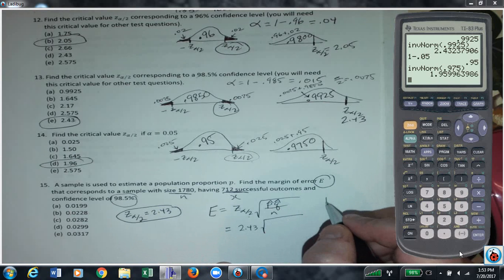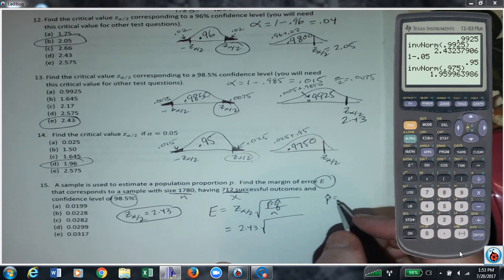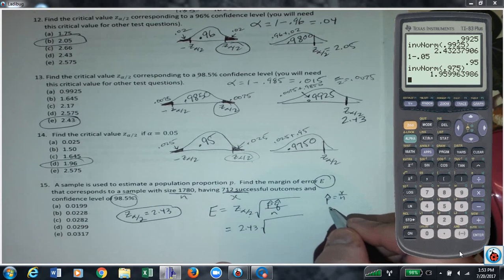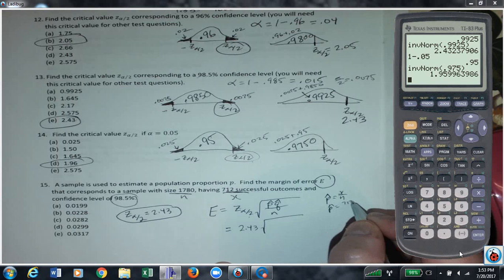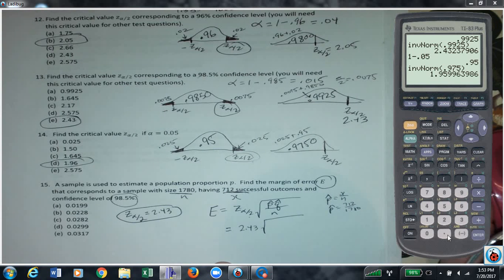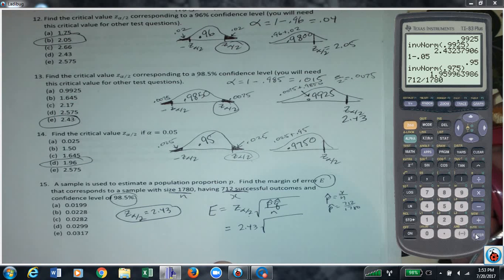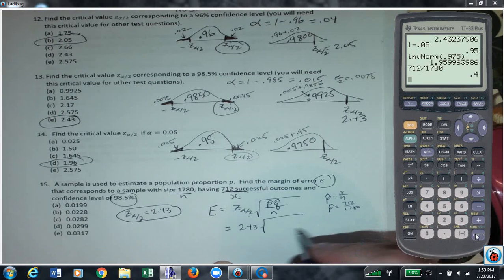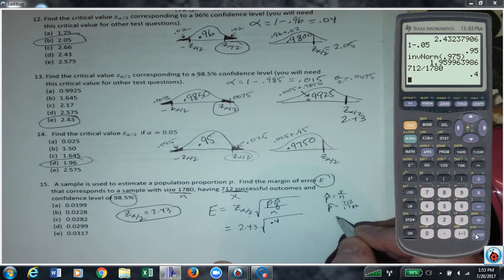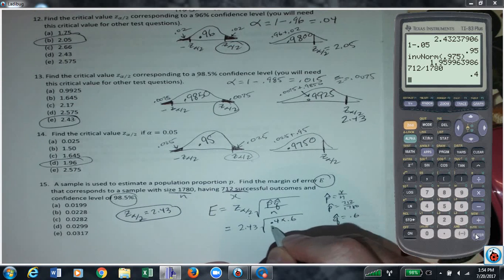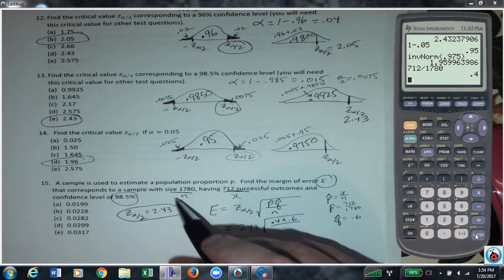P hat is my sample proportion, which is x over n. So that'll be 712 over 1780. So P hat is 0.4, and so Q hat is 1 minus P hat, which will be 0.6. And N is 1780.